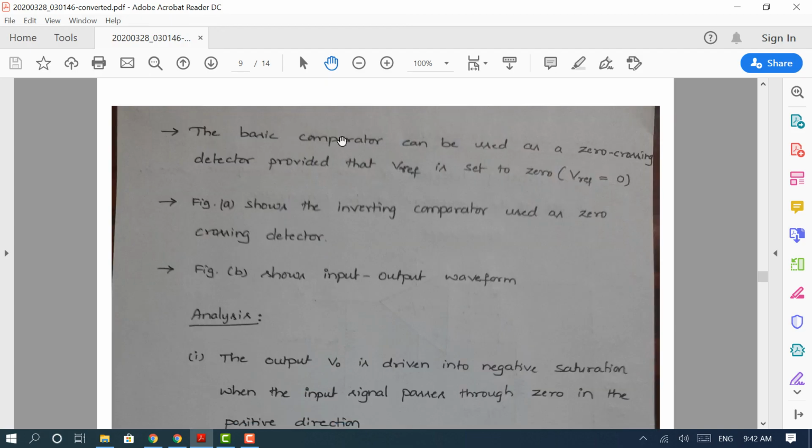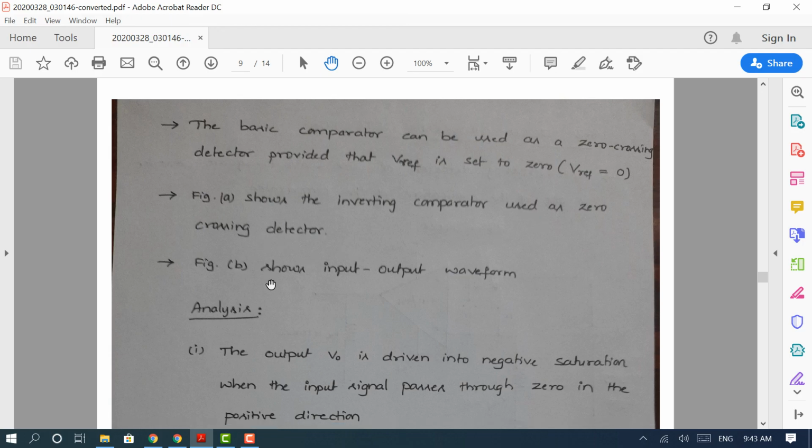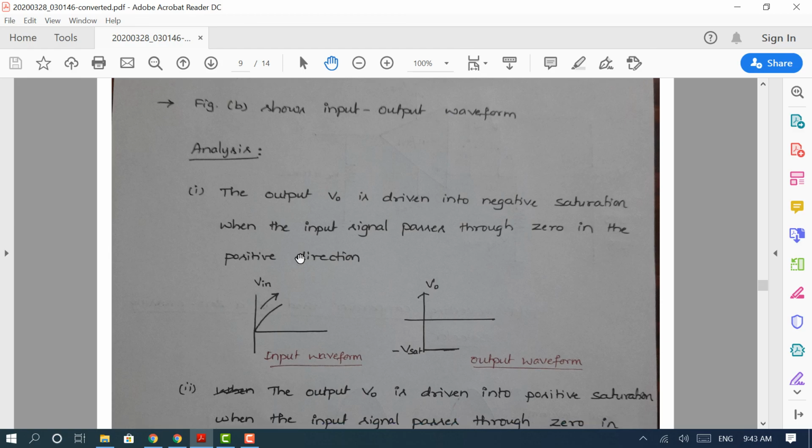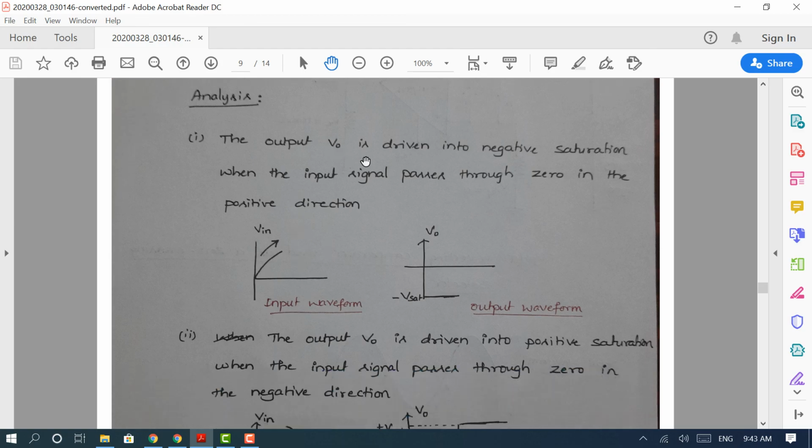The basic comparator can be used as a zero crossing detector provided that the reference voltage is set to 0. The circuit diagram is already shown to you, using the comparator as a zero crossing detector, and we also presented the input output waveform. The analysis is: the output is driven into negative saturation when the input signal passes through 0 in the positive direction.